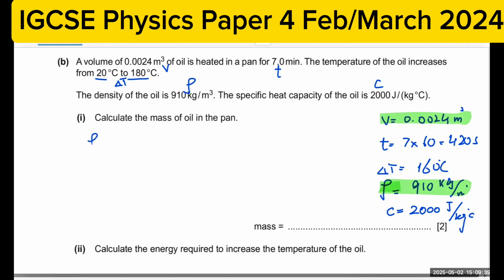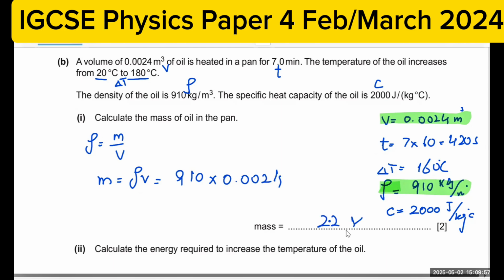So we know that density is equal to mass over volume. So mass will be equal to density times volume. Just putting the values, multiply them. 910 times 0.0024 cubic meter. So you will multiply and you will get 2.2. And there is no unit, so you will write the unit as well.